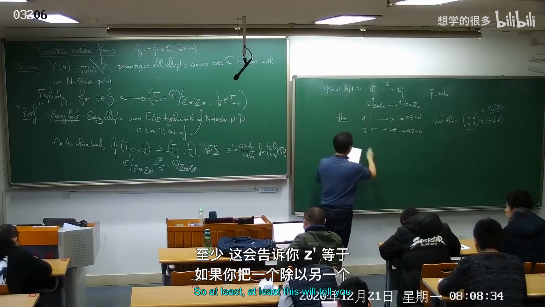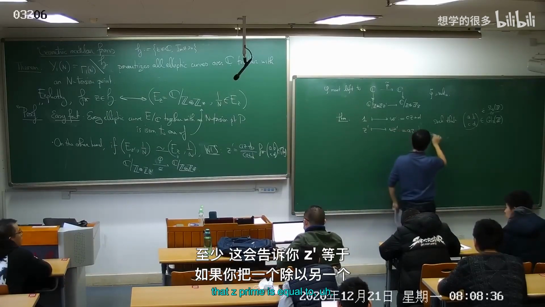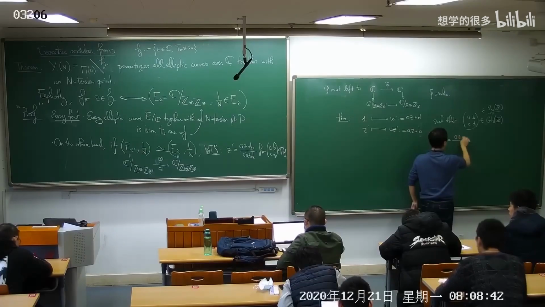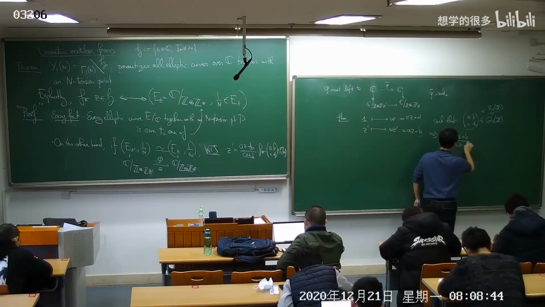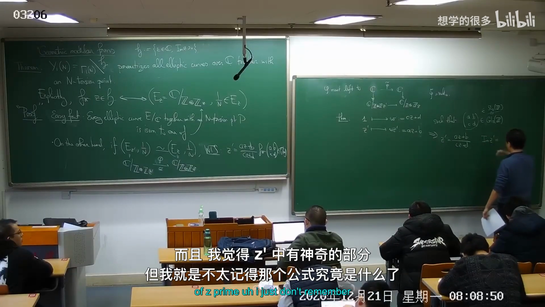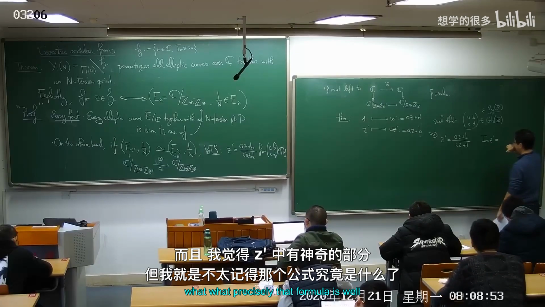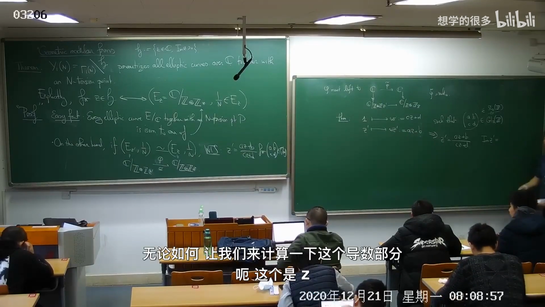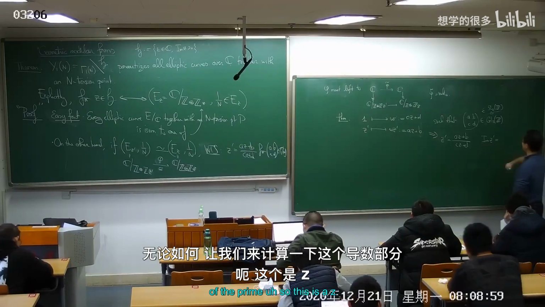We'll see. At least this will tell you that z prime is equal to, if you divide one by another, and somehow the imaginary part of z prime, I just don't remember precisely what that formula is. Well, let's compute it. Let's compute the imaginary part of z prime.